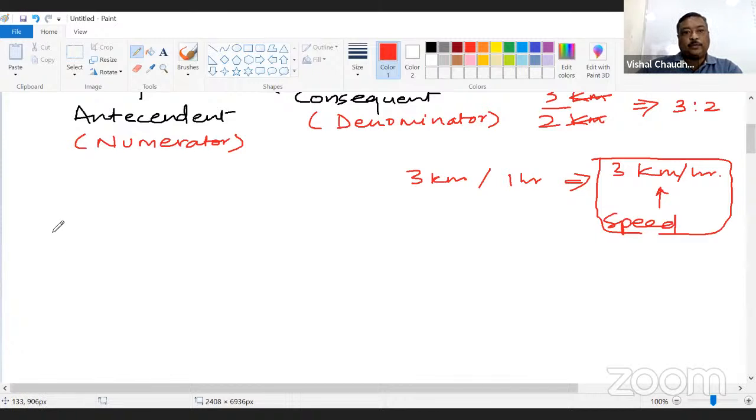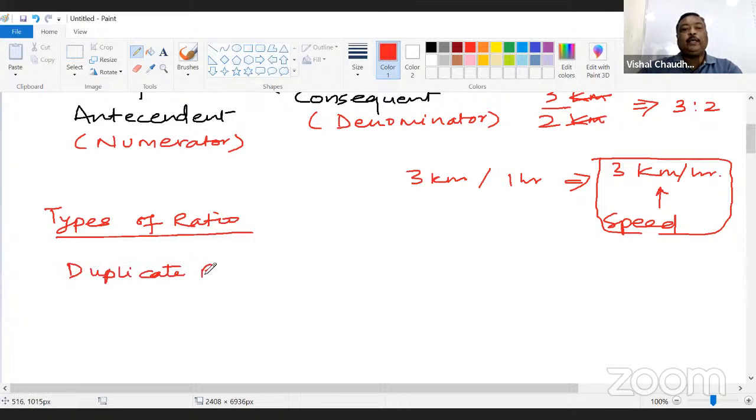There are two types. First is your duplicate ratio, and the second is your triplicate ratio.